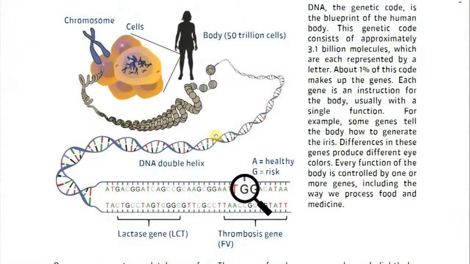And there's another gene, the thrombosis gene, factor 5. This just means that this gene here contains the information of how to prevent thrombosis, a blood clot, from forming in your arteries when this shouldn't be the case. So there's a gene that has a certain function, and another gene has another function. And most genes mostly only have one function, some have a few, but this is pretty much how the instructions of your human body look like.